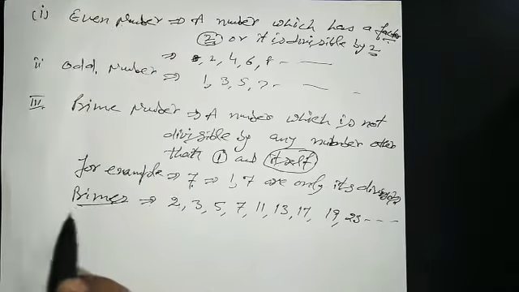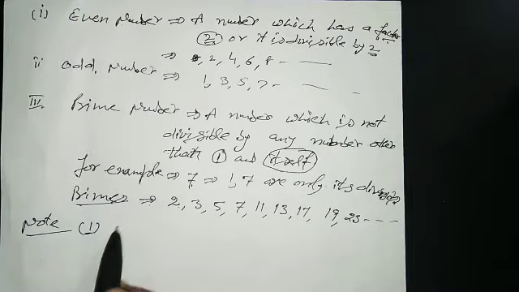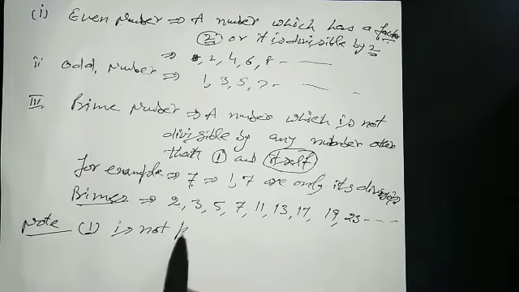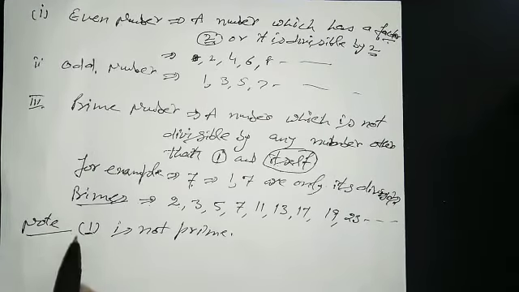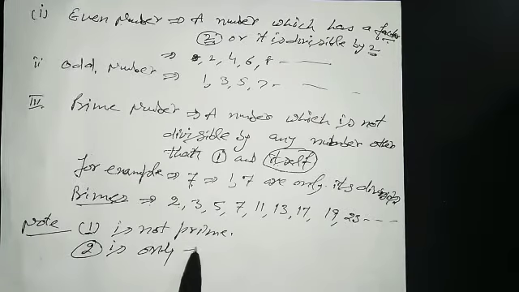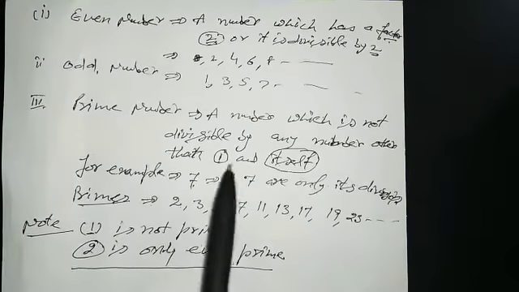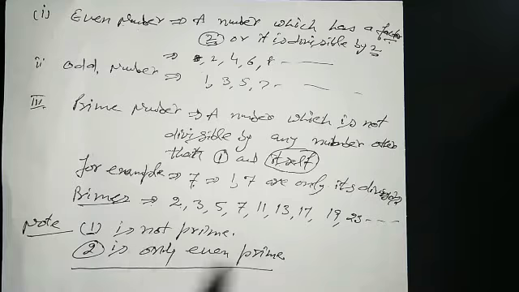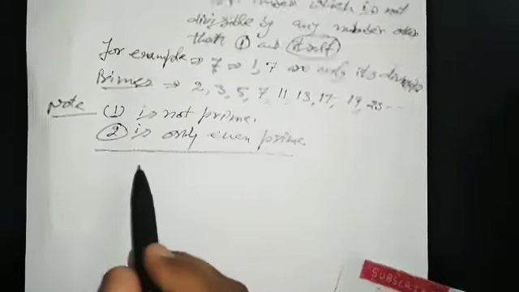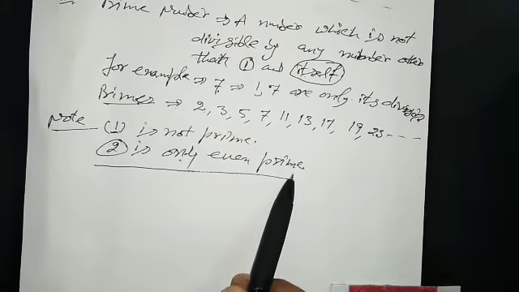So 1 is not prime. First point: 1 is not prime. Second, 2 is the only even prime. 2 is the only even number which is a prime number.